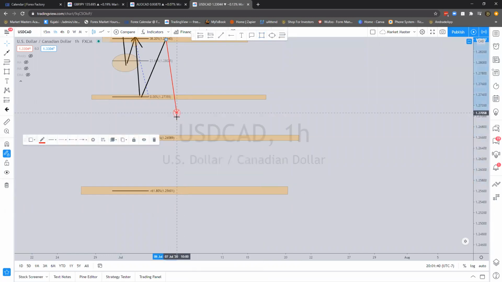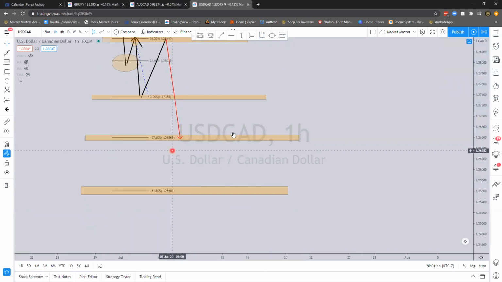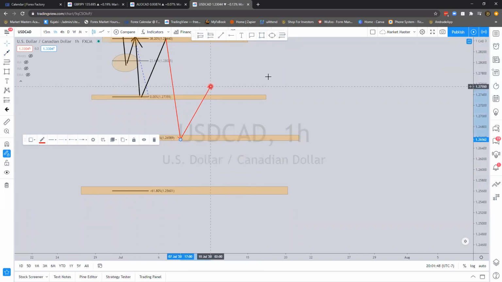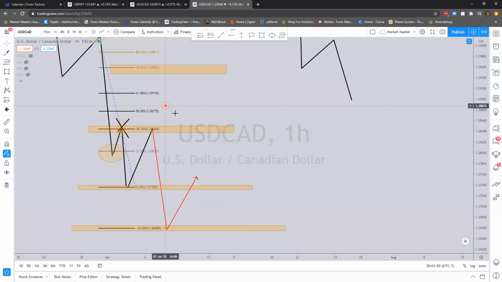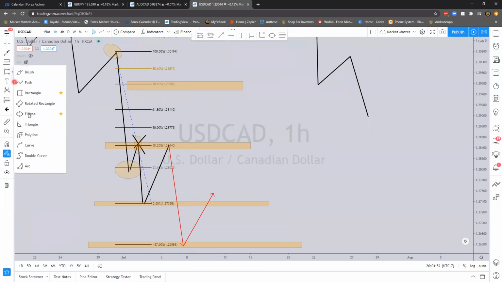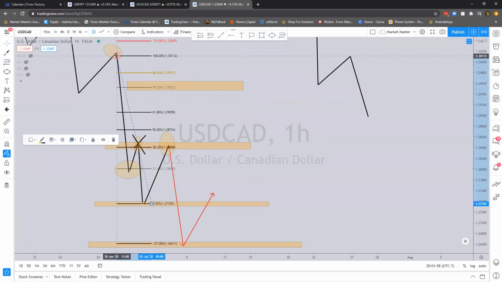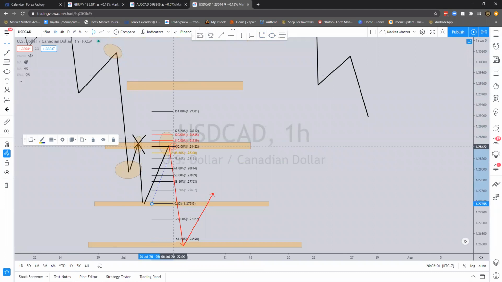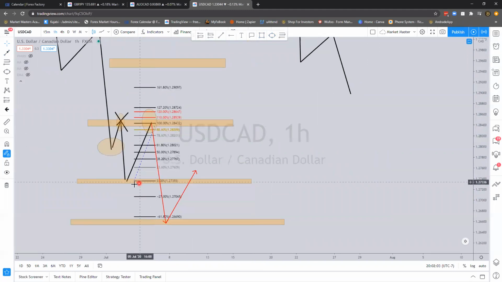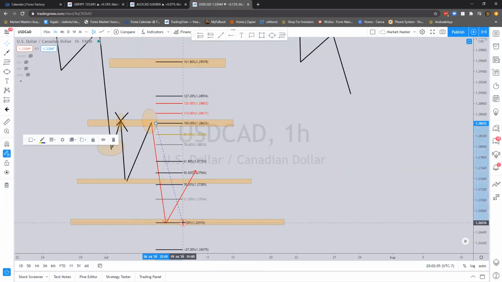Now let's say price came down, hit this negative 27%, and then reversed coming back up, then we adjust our Fibonacci. So we would get this new high that passed the 23.6, and we would put the 100% at this new high, and then we put the 0% at this new low all the way down here.